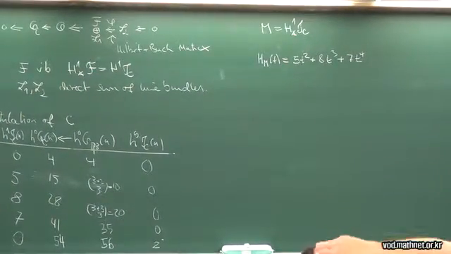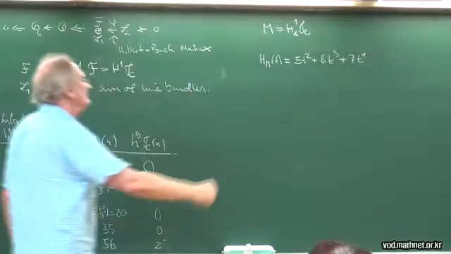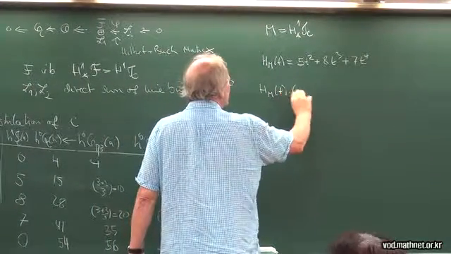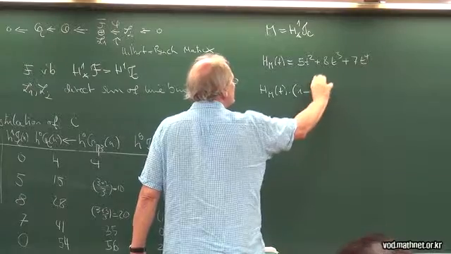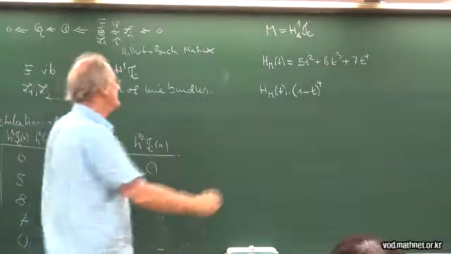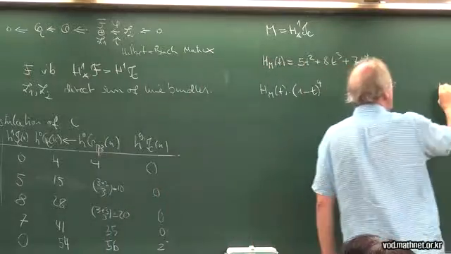And if I write this in terms of H_M(t) times (1 - t)^4, a 4 variable ring, this will give me the Hilbert numerator.